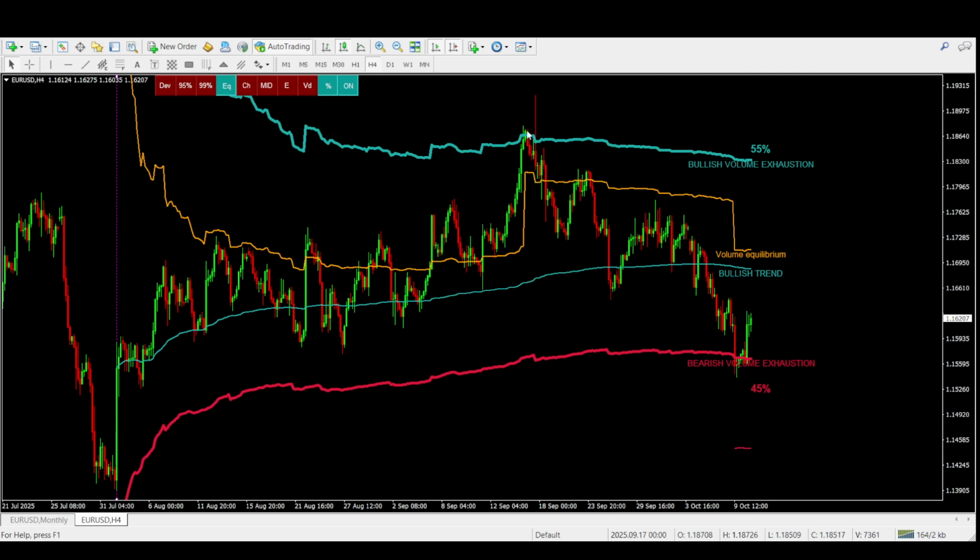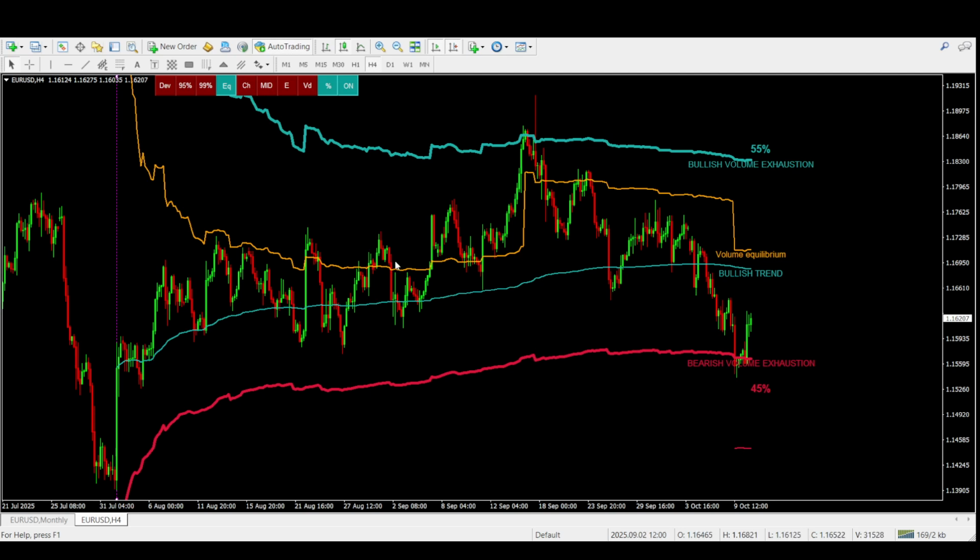And here what we got? We reached the bullish volume exhaustion, then the market dropped below the volume equilibrium, and this is very important because this is the bearish volume area. What happened?